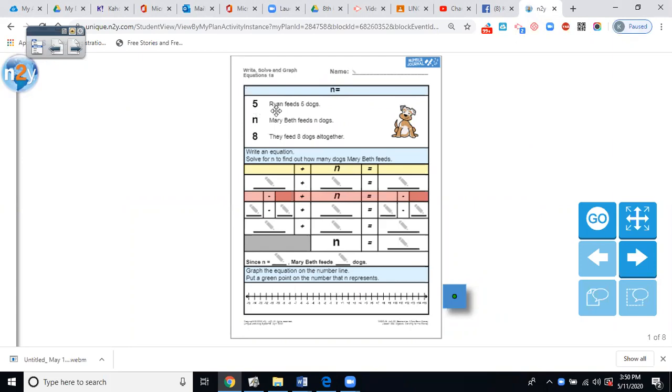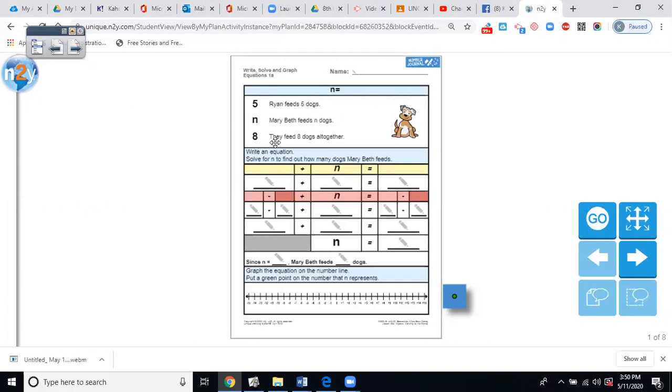Okay, so 5 symbolizes Ryan feeds 5 dogs. N, Mary feeds n dogs. So we don't know how many dogs Mary Beth feeds. Now that's what we're going to have to solve. We're going to have to find that number, n.